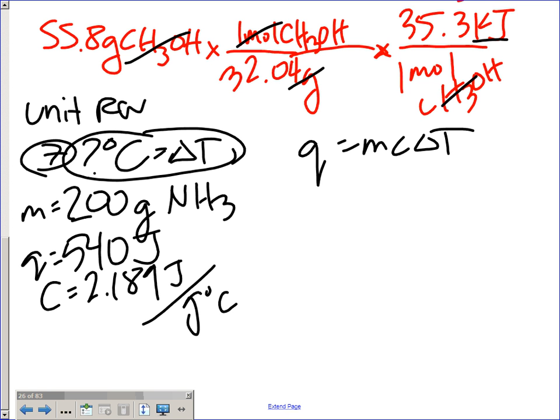It gives you grams to start with, so you can't just plug and chug with your grams. What do you have to do with your grams first? Convert to moles. Then you utilize that conversion factor with kilojoules on top and moles on the bottom. The moles will cancel, grams cancel, ends with heat.